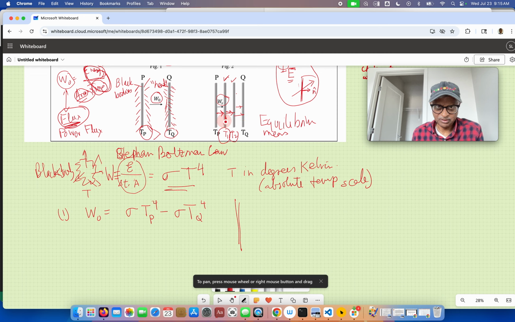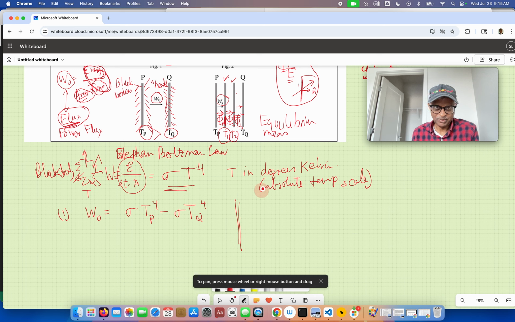Energy can't be accumulating here, otherwise the temperature would go up. So let's do it step by step. Flux through here phi1, phi2 and phi3.